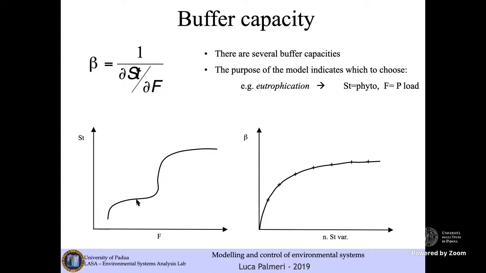Of course, we have several buffer capacities, a combination between state variables and forcing functions. It will be the purpose of the model that indicates which buffer capacity to choose.